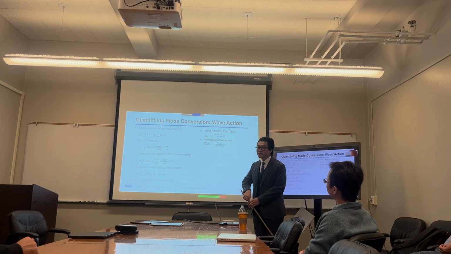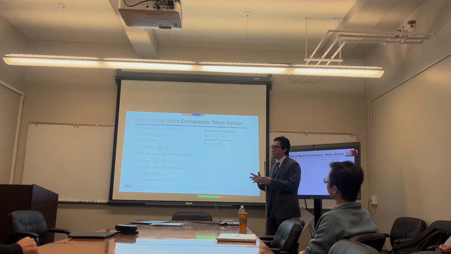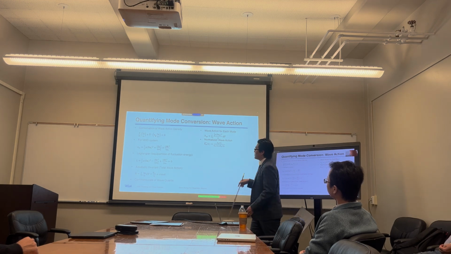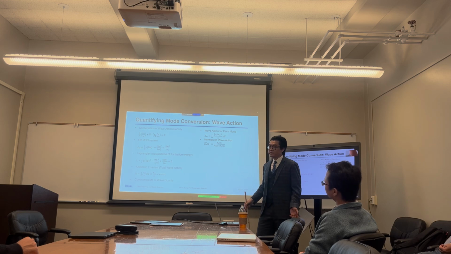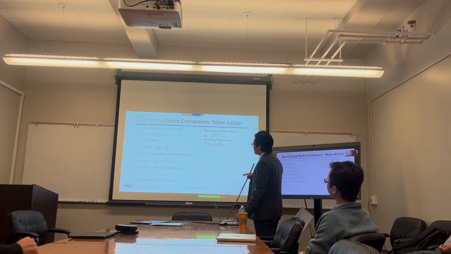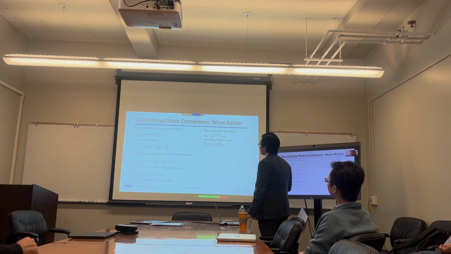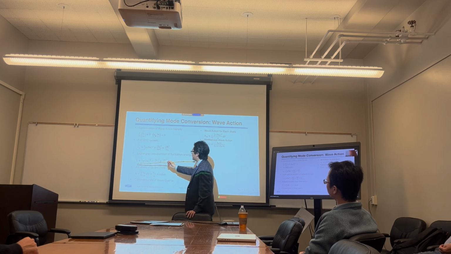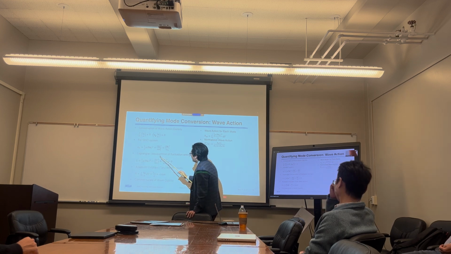When the wave frequency is much larger than the characteristic frequency of the system, the wave quanta is an adiabatic invariant. So we can use that to quantify the wave action of 3 different modes, because actually there's a minus sign here, so we have to change that. The Lagrangian of this wave is L equal to this: the kinetic energy divided by the compressive energy, minus the magnetic energy.